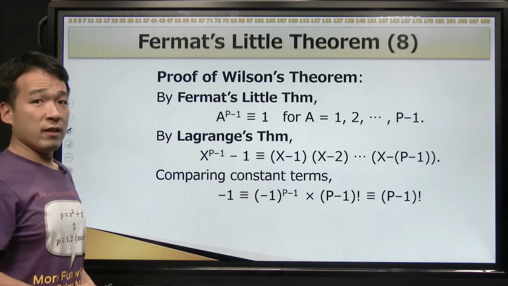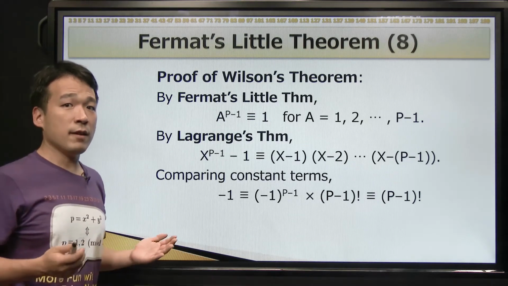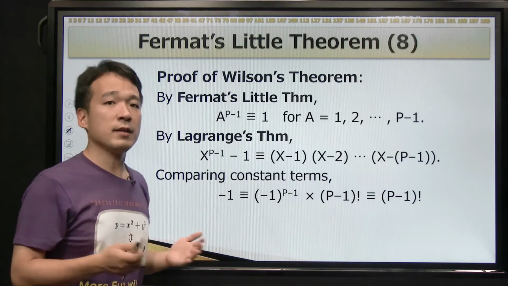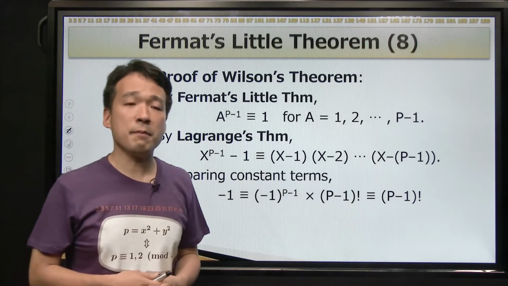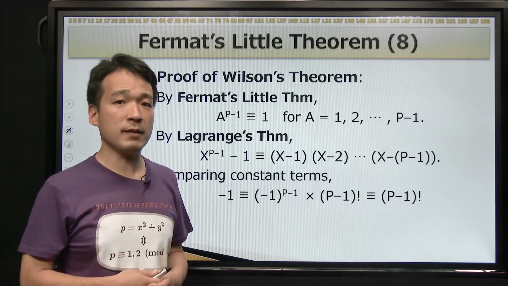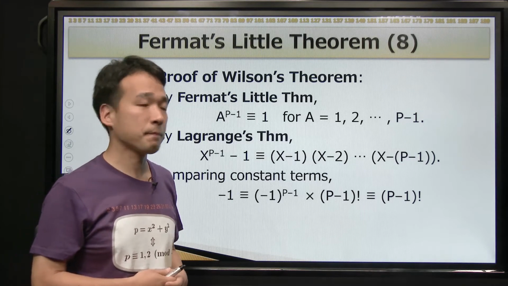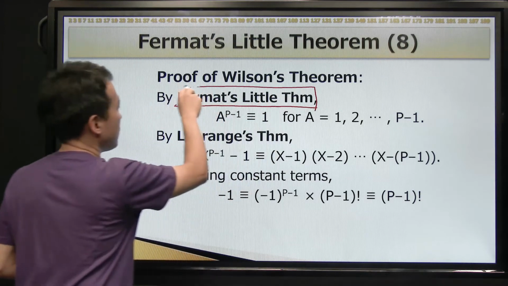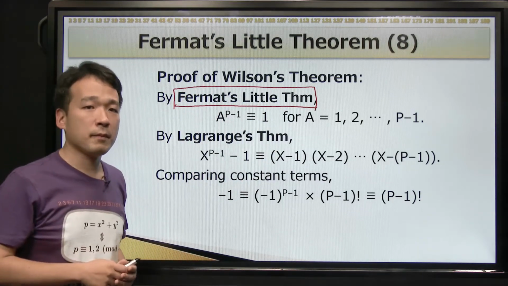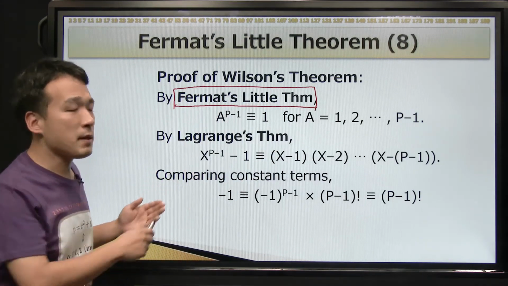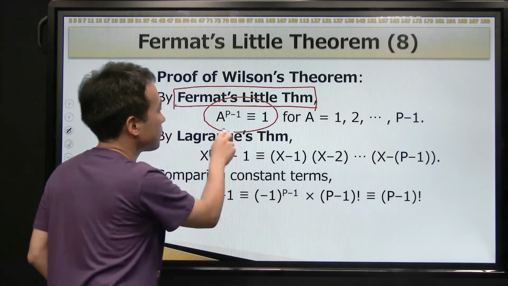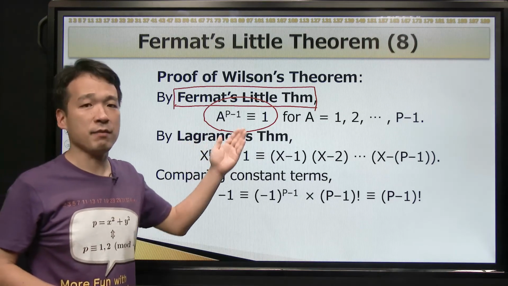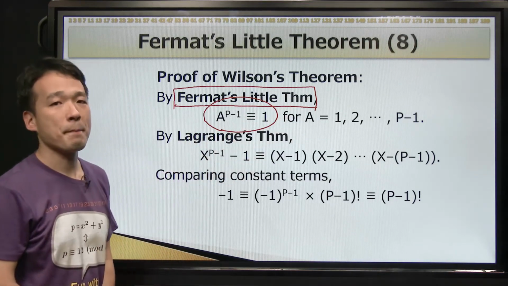Now we can prove Wilson's theorem, combining Fermat's little theorem and Lagrange's theorem. Since Wilson's theorem is obvious when p is 2, we may assume p is an odd prime number. By Fermat's little theorem, a to the p minus 1 is congruent to 1 modulo p for any a from 1 to p minus 1.